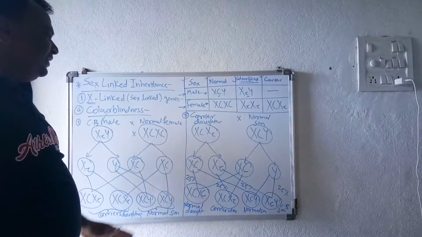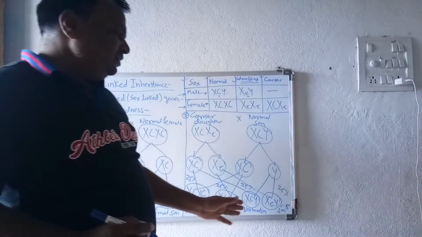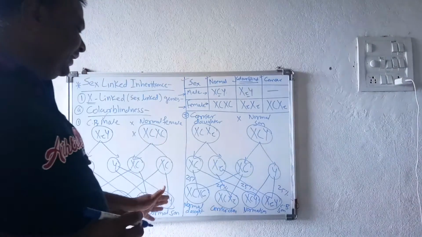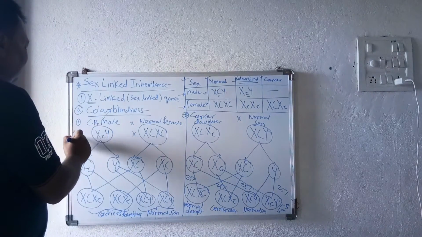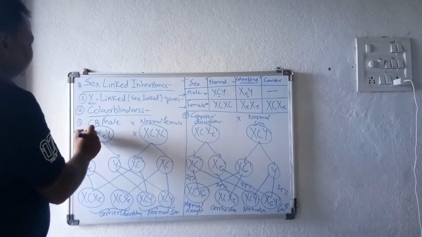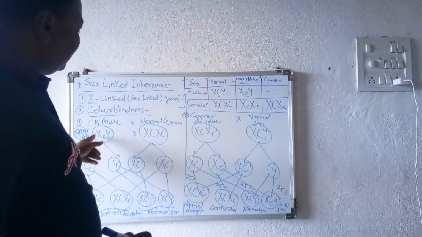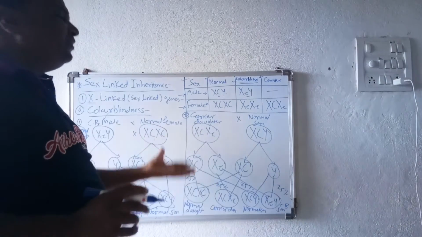So in this way, color blindness gets inherited to the next generation, showing a one generation gap. Means here this grandfather will pass this color blindness to his grandson. Means there is a gap of one generation.